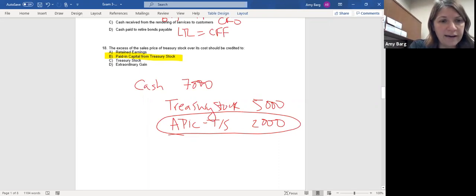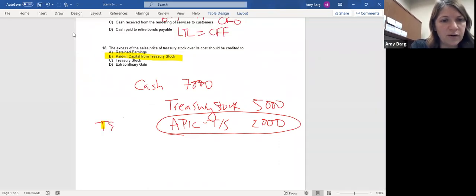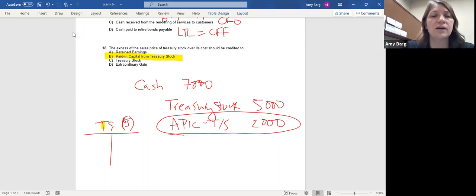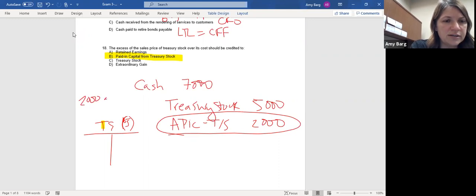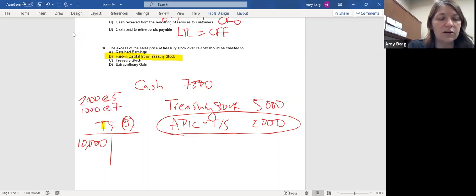So if we have treasury stock that we purchased for $5 per share, right? So say we purchased 2,000 shares at $5 per share. So that would mean that our treasury stock is on our books at $10,000. And then say we sold 1,000 shares for $7.